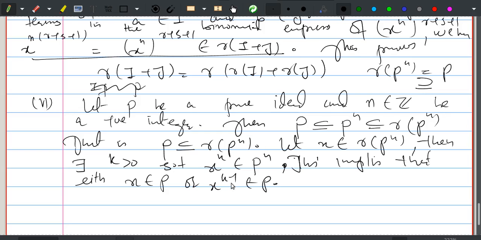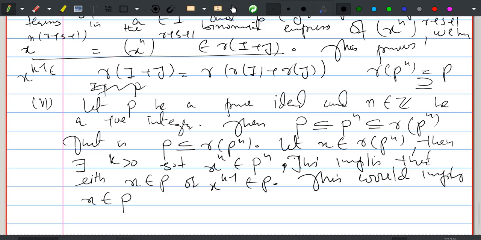So since this is true for any power, this would imply x is an element of p, because if x to the power k minus 1 is in p, this would imply x times x to the power k minus 2 is in p.